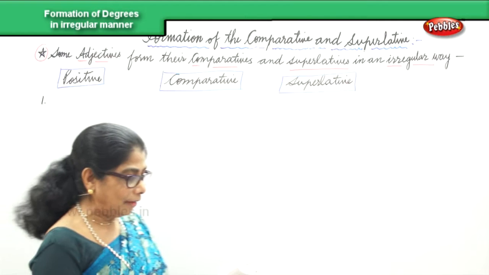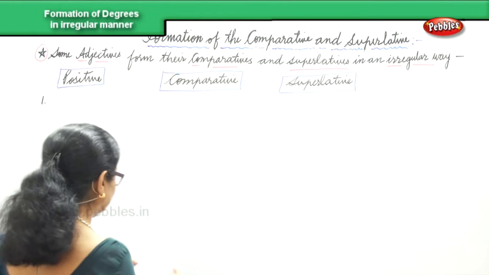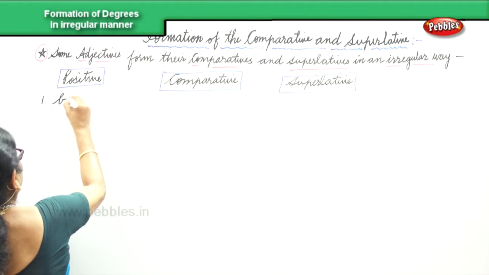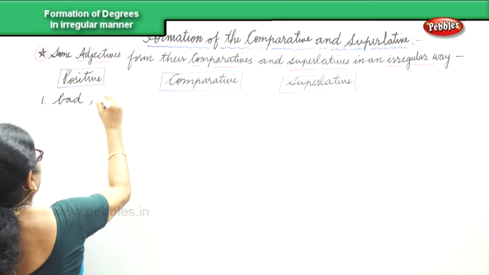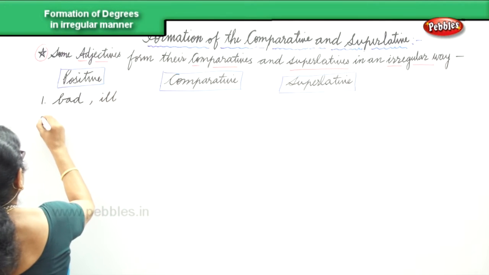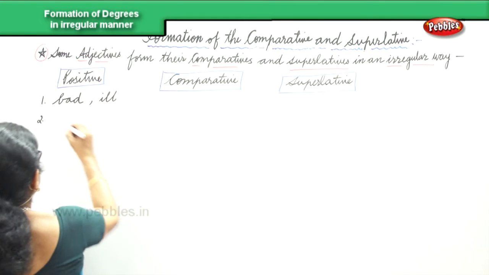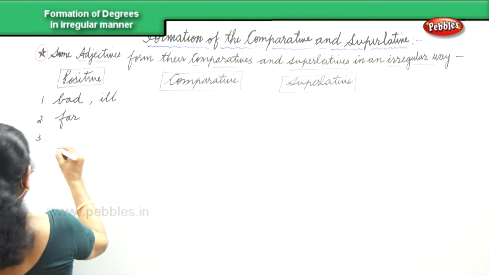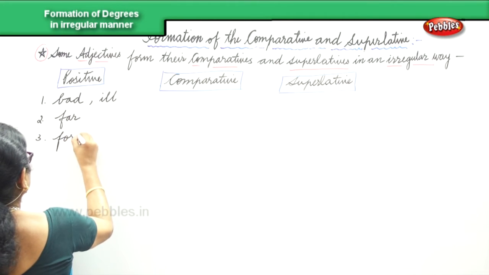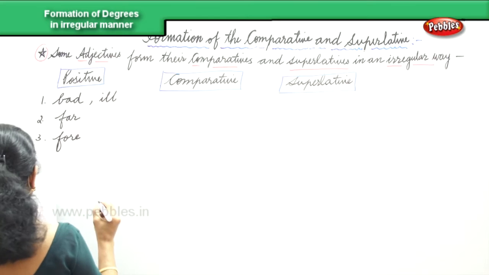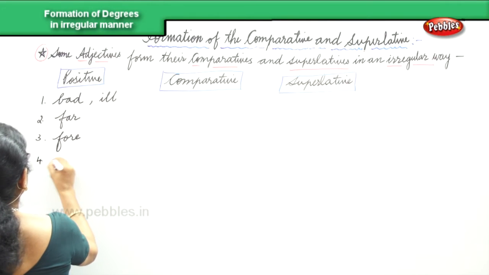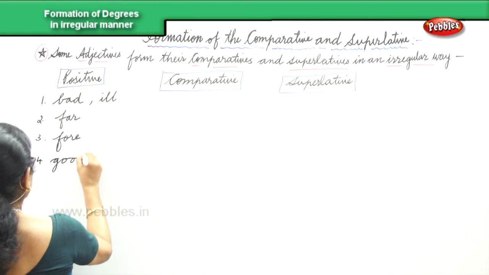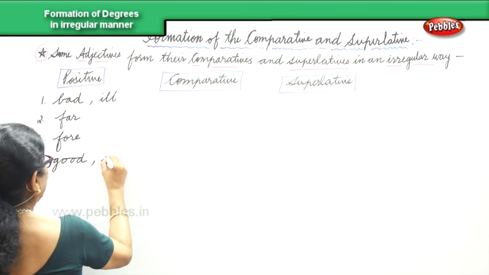The first one I have here is bad. We have bad or ill. Two words are there. Next, far. Next, fore. Next, good and well.